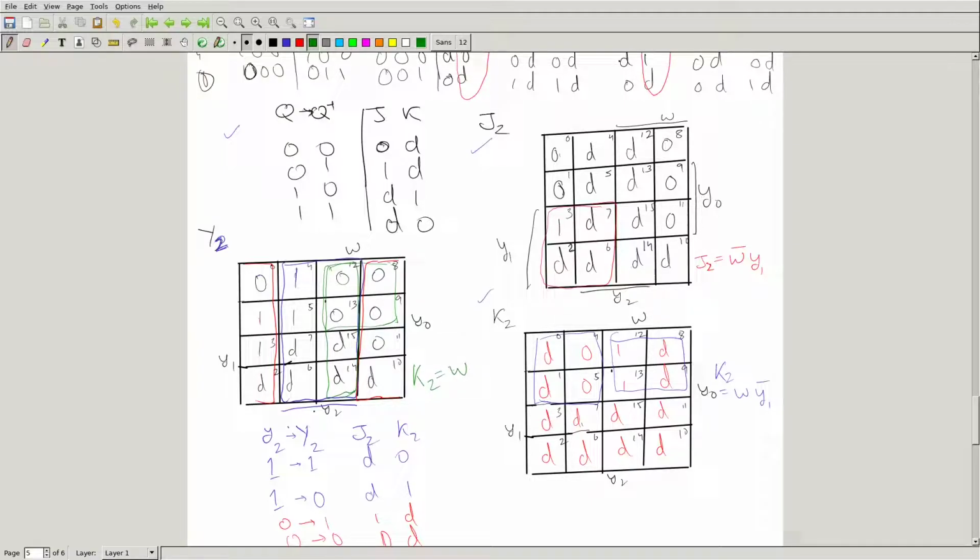So depending upon that, we can directly write K2 as W. We here wrote it as W Y1 bar. We could have also written it as just W. And here we can imagine everything to be D in the entire thing and group the K2.